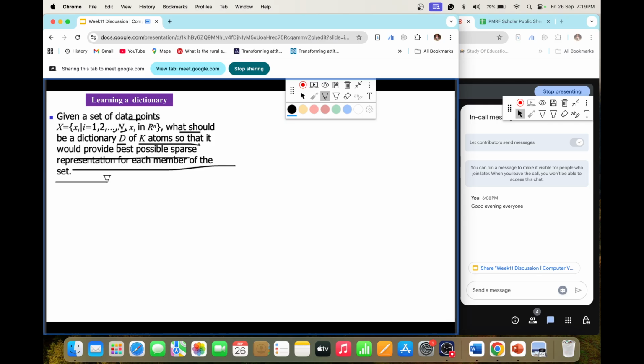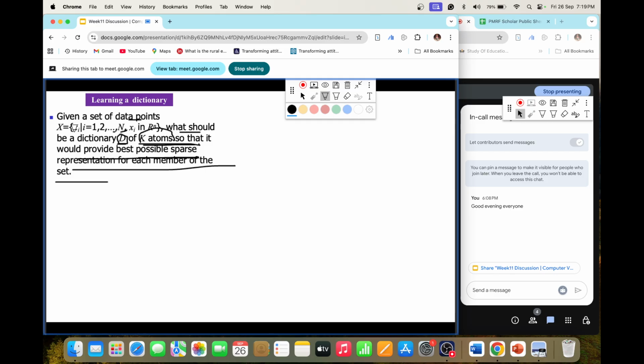That means you have to learn the dictionary. This dictionary should be good, then only you can get the k atoms that will give the best possible sparse representation. If the dictionary you are forming is not good, then you will not get k atoms that provide the best possible sparse representation.